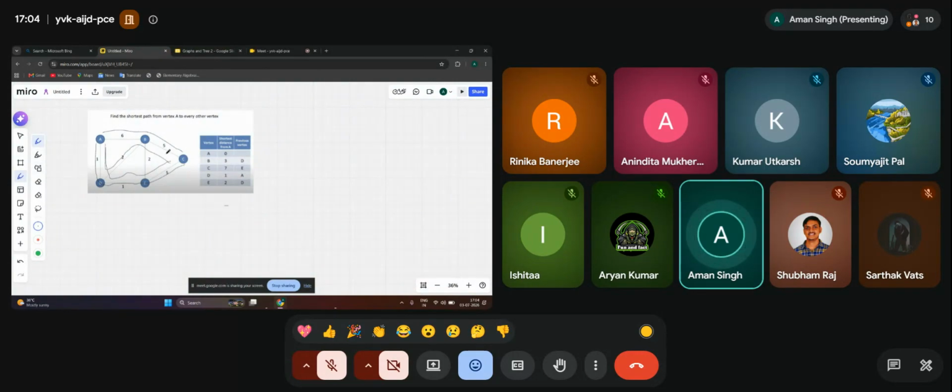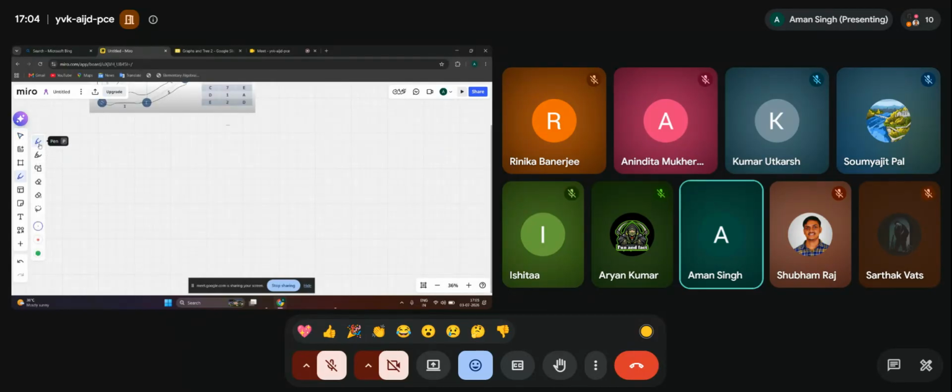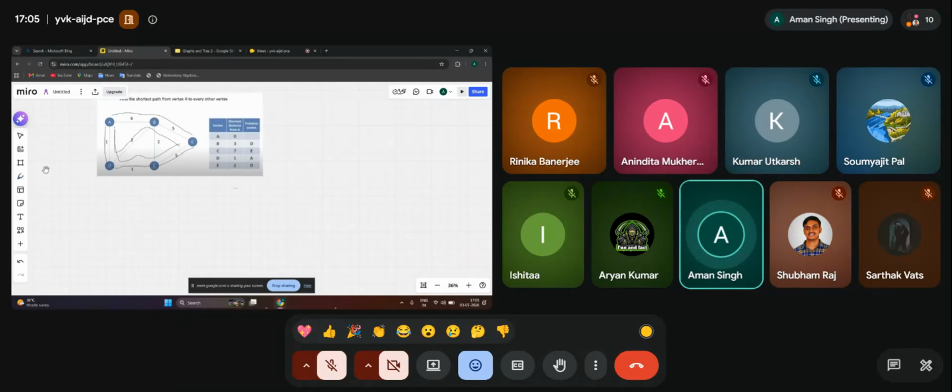Before jumping onto the algorithms, let me tell you what we are trying to find here. We will be given the graph. Let me take the same graph. We will be given a source node. Let's suppose this is our source node for now.